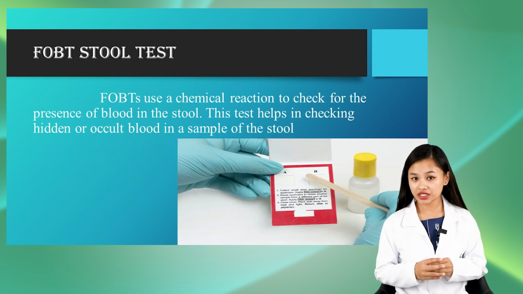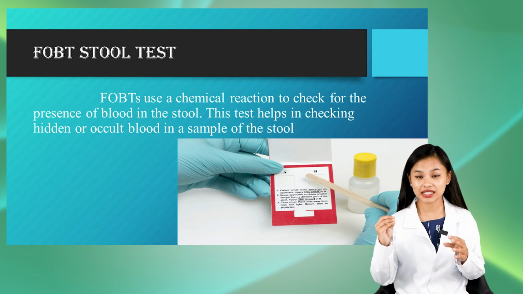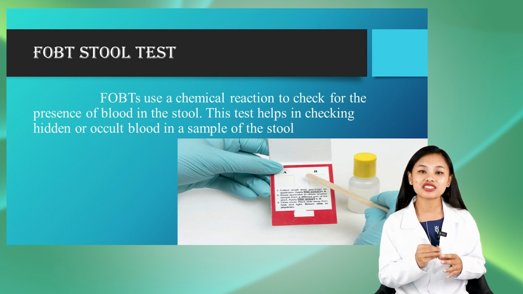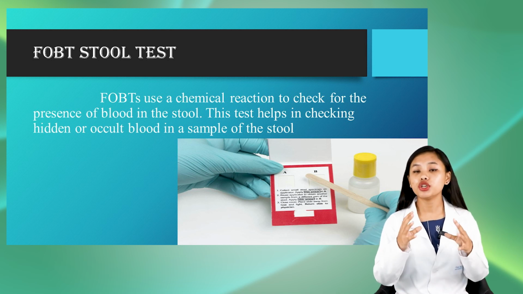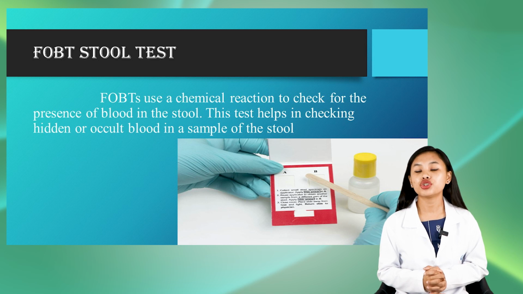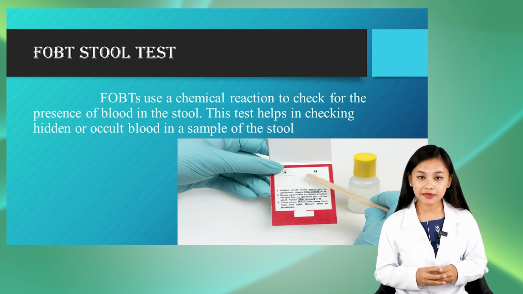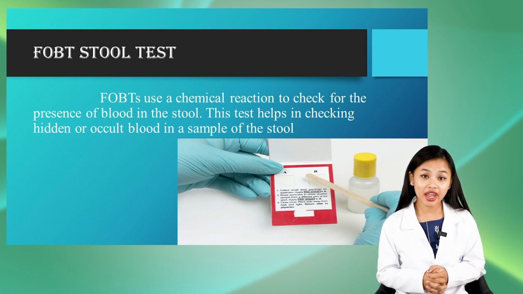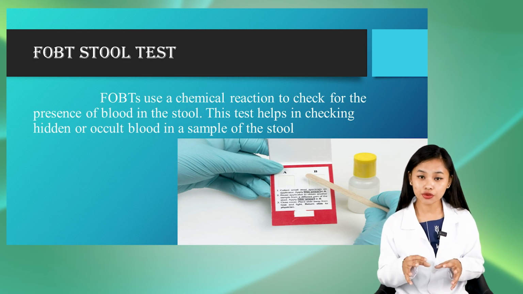The first test, the fecal occult blood test, is a test where a chemical agent is used in order to detect the presence of blood. This test is mainly done to check for hidden or occult blood in the stool.